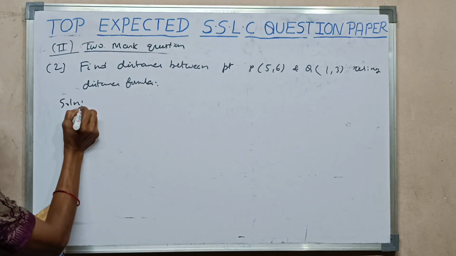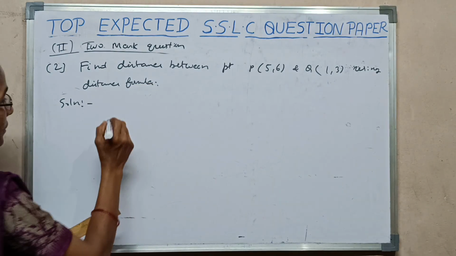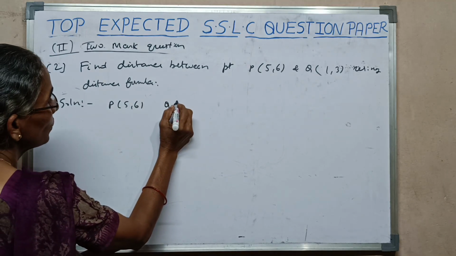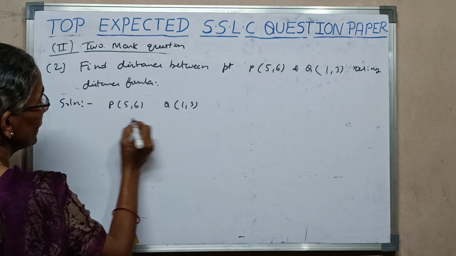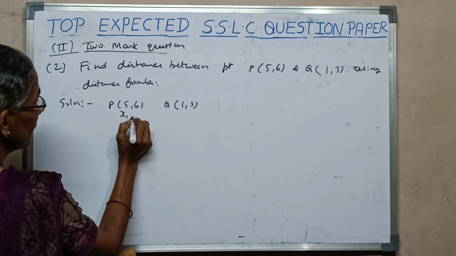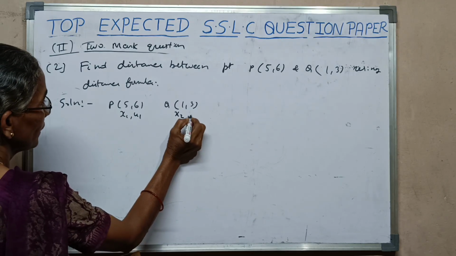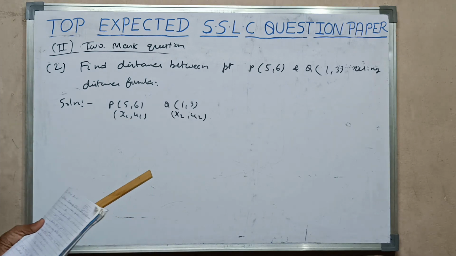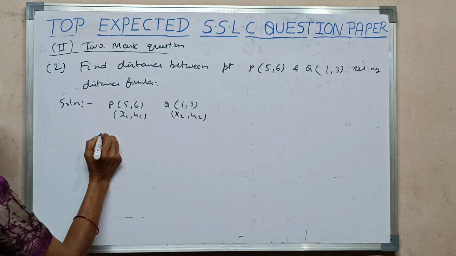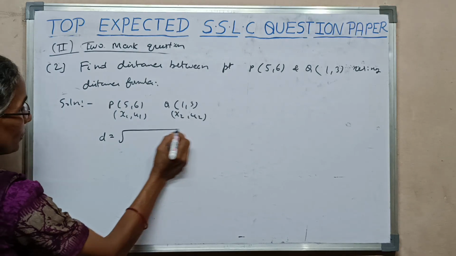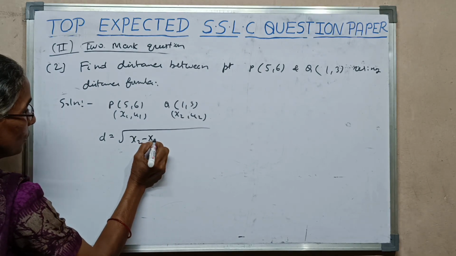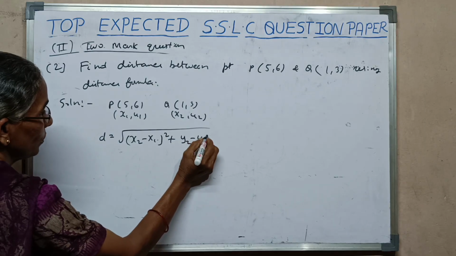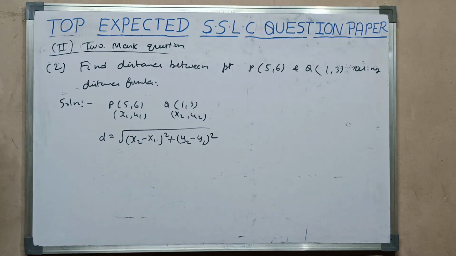Here the solution: points are given, P (5, 6) and Q (1, 3). So x1, y1, x2, y2, and the distance formula is d equal to square root of x2 minus x1 whole square plus y2 minus y1 whole square.